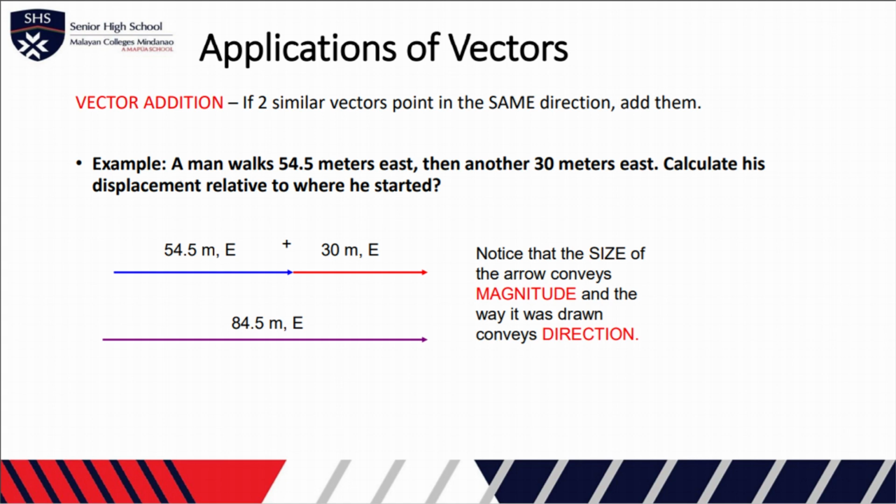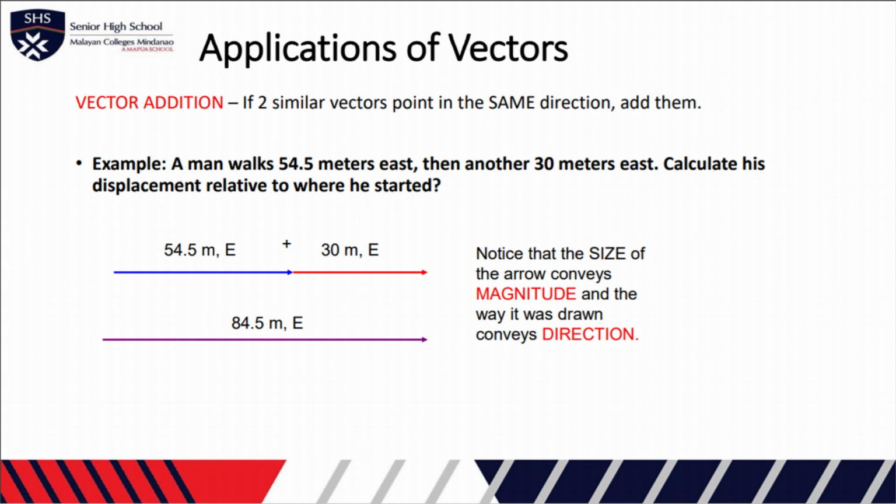Since both arrows have the direction of east, you can add them together, giving you a displacement relative to where he started. The violet or purple arrow is now 84.5 meters east. We have just summed up the two arrows above.